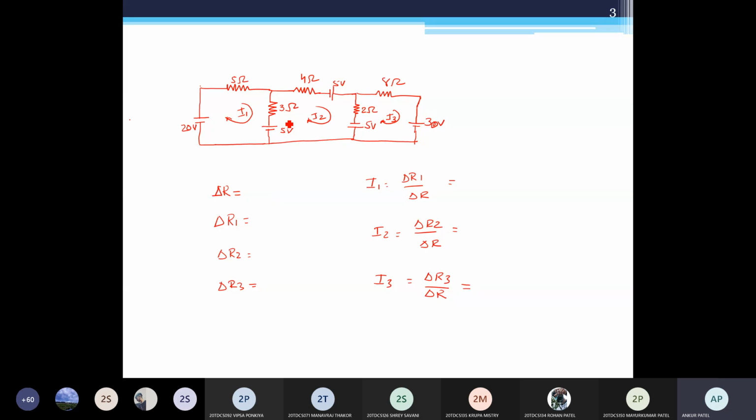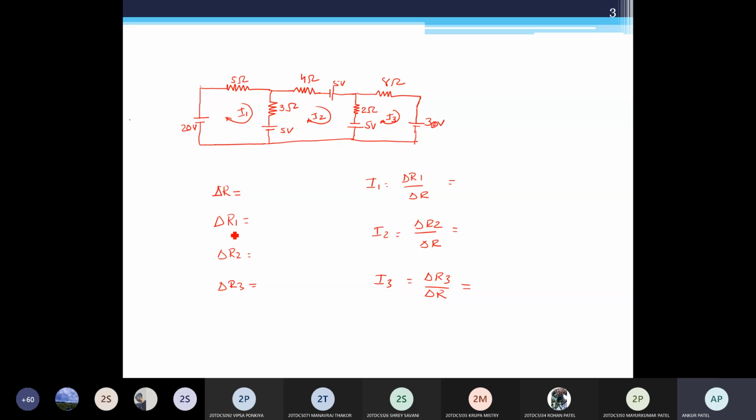Make 3 equations, and rearrange them in the form of coefficients of currents. I1, I2, I3 are unknowns, and on the RHS you will get the voltage values. So you will have one matrix for resistance, a second matrix for current, and a third matrix for voltage, or you can say constants. First find the overall determinant for resistance.